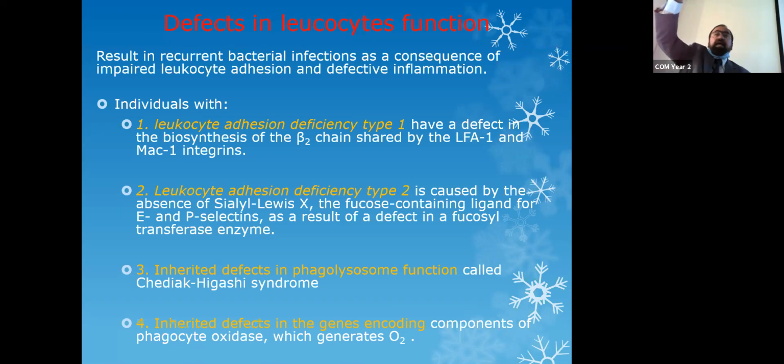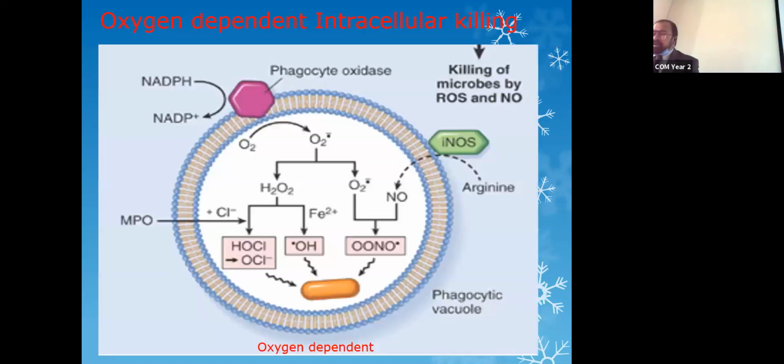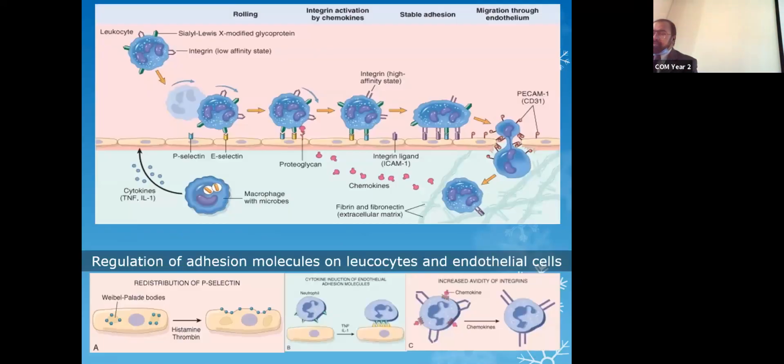If sialyl Lewis X protein is not there, what will happen? It will not help in the rolling process. It will not attach with E and P selectin. We can go back to that picture, this one. So in the first type, this integrin will not be there, so it will not attach with ICAM and VCAM. In the second type, this sialyl Lewis X modified glycoprotein will not be there.